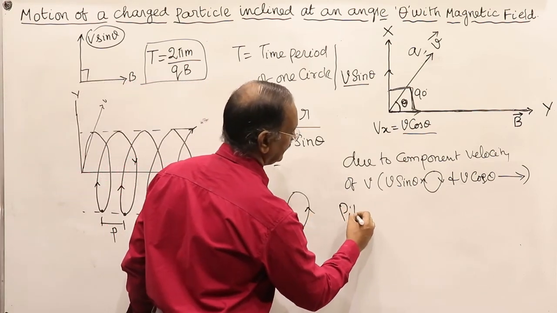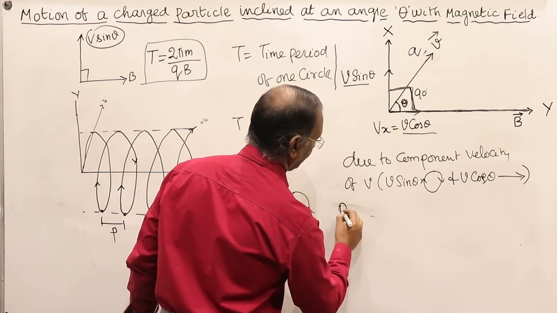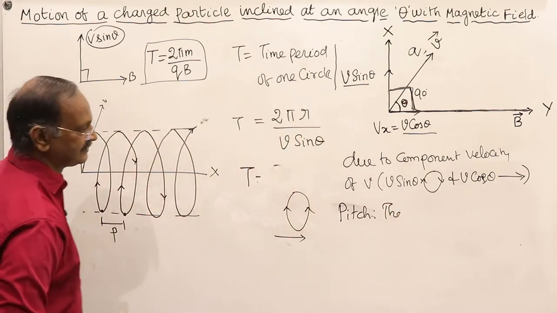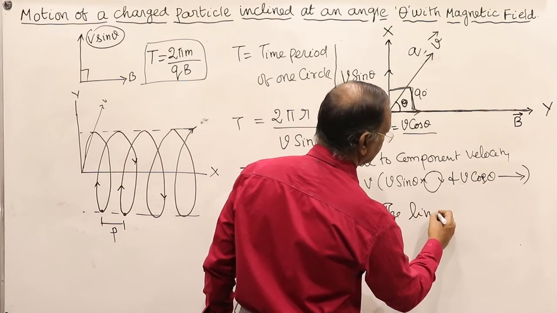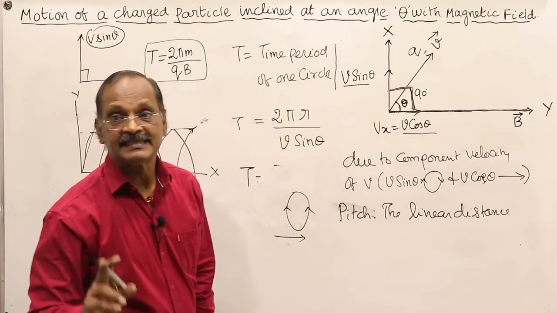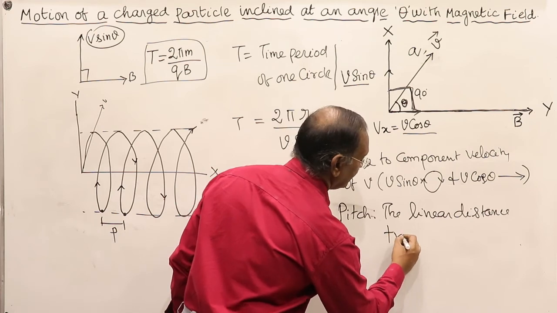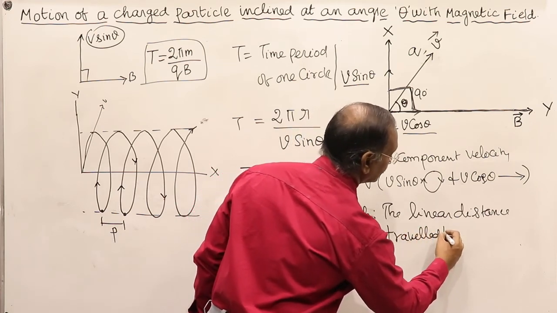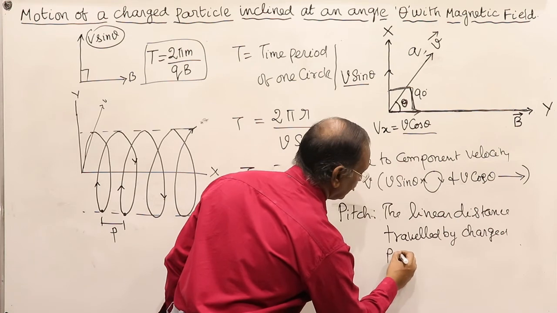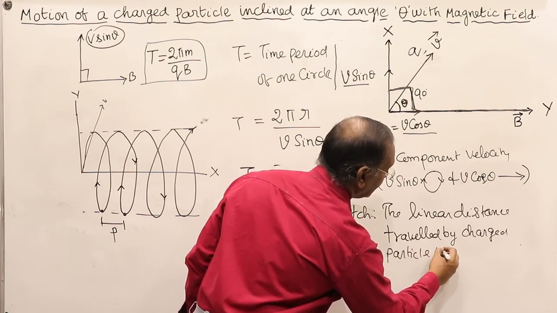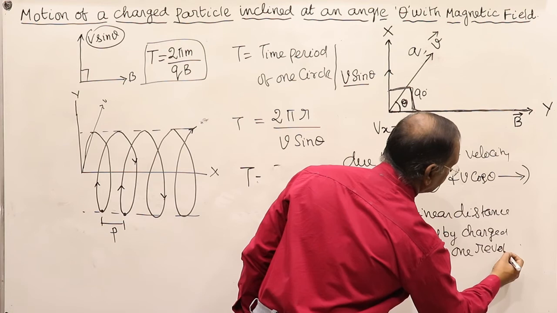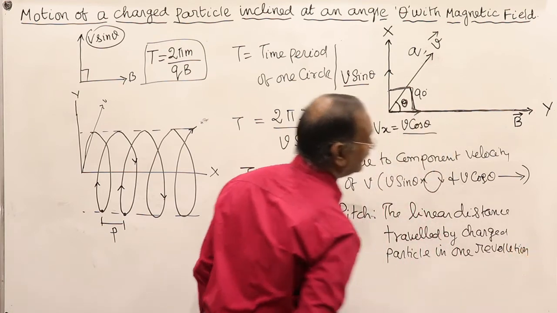We can write pitch, P-I-T-C-H, pitch: the linear distance traveled by the charged particle in one revolution. So that is called a pitch.